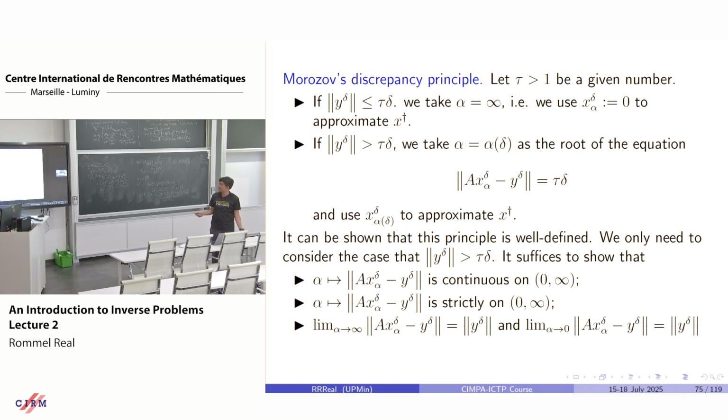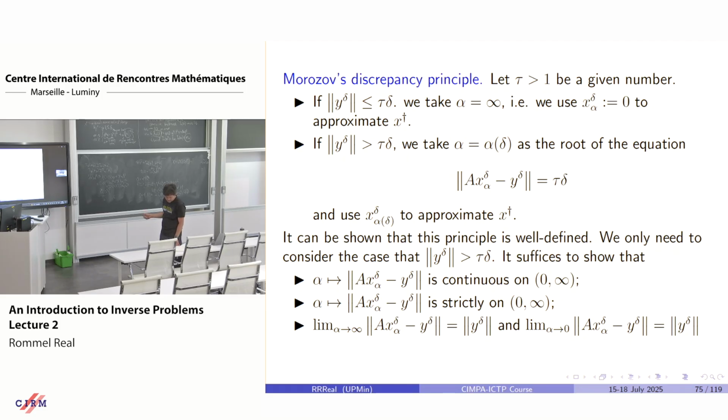In the first case, if the norm of the noisy data is bounded above by tau delta, then we can just take alpha to be very large or infinity, and then we use x sub alpha delta as the unique minimizer.